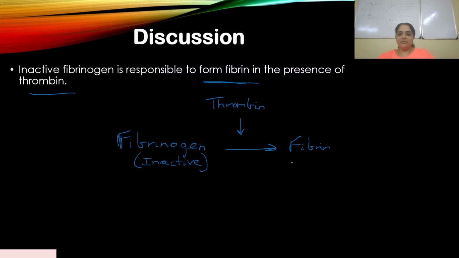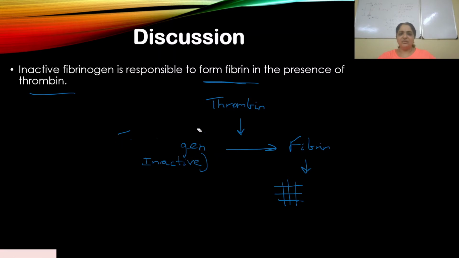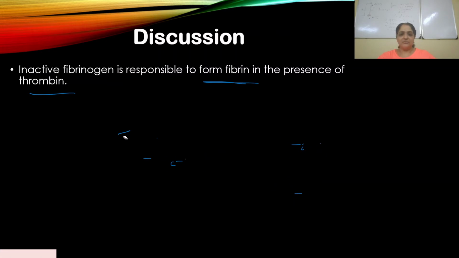This fibrin forms a mesh-like network for clotting. So indirectly, fibrinogen participates in blood clotting. Simple, this was pretty direct. If you knew your theory, you would have been able to answer this easily. It shouldn't have been a problem.